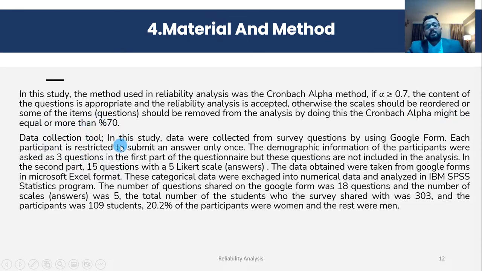Data collection tool. In this study, data were collected from survey questions by using Google Forms. Each participant is restricted to submit an answer only once. The demographic information of the participants was asked as 3 questions in the first part of the questionnaire, but these questions are not included in the analysis.